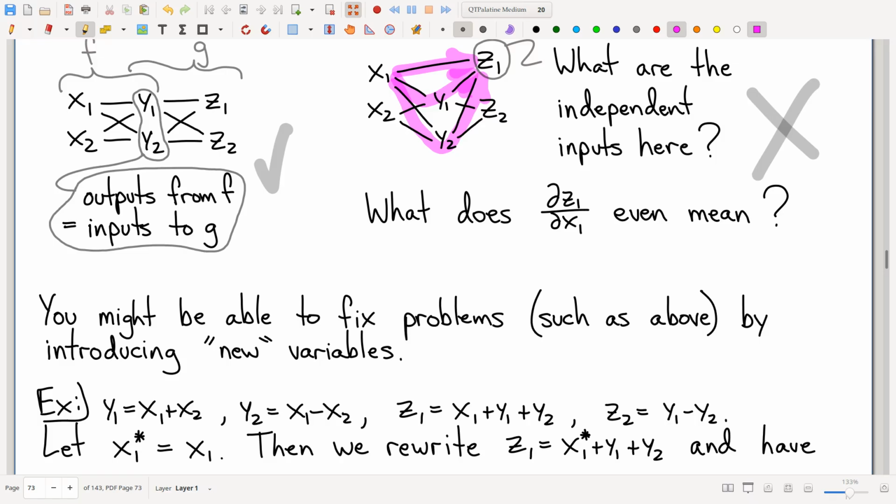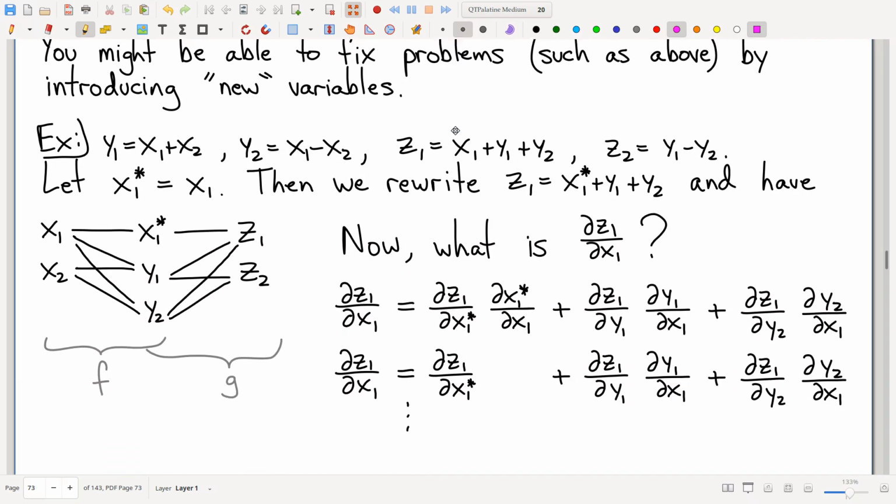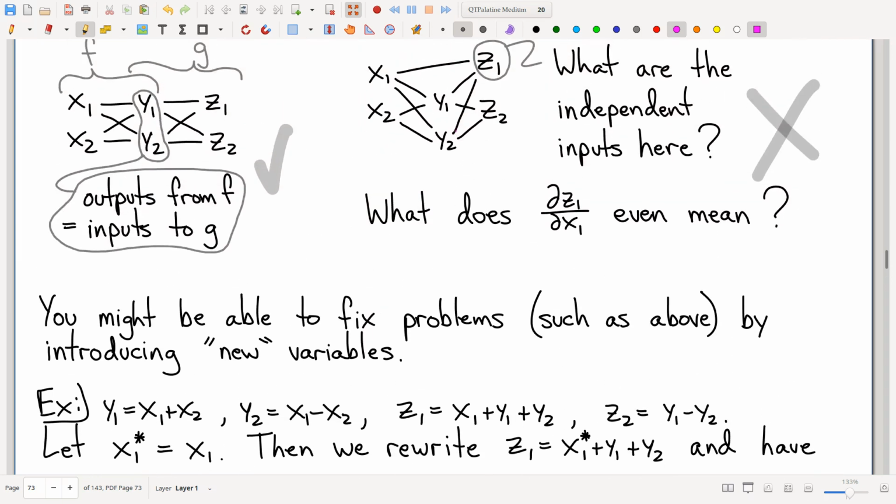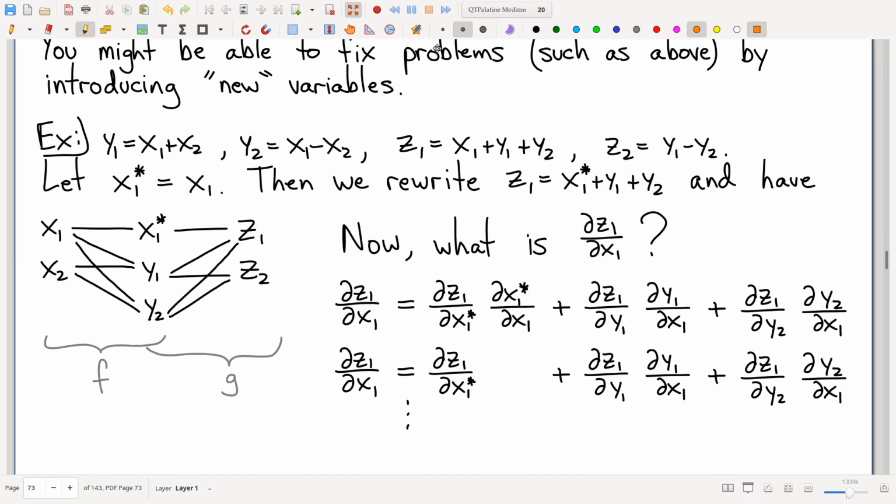So we have a real notational confusion problem here, and here's how you fix it. All you got to do is introduce a new variable right there. In this case, anyway, I'm going to call it x1 star. It is just literally x1. It has the exact same value as x1.